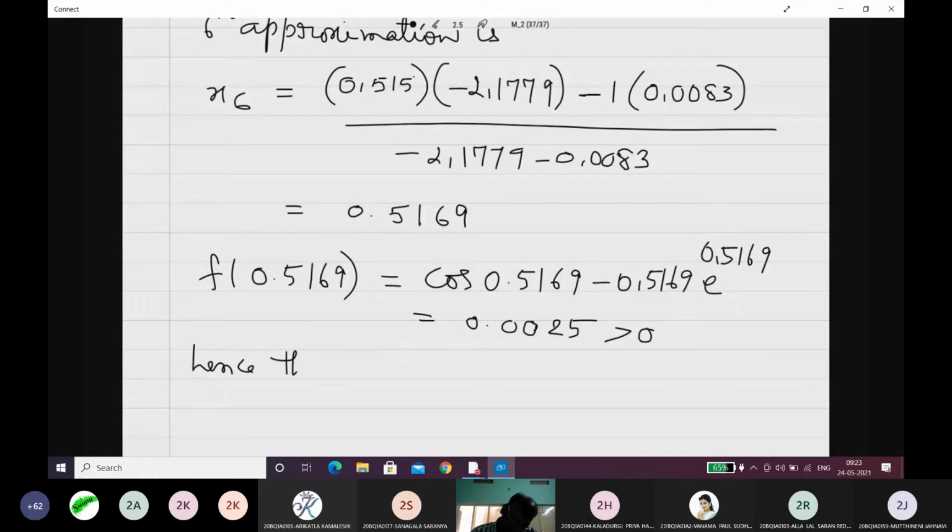Hence the root lies between 0.5169 and 1.